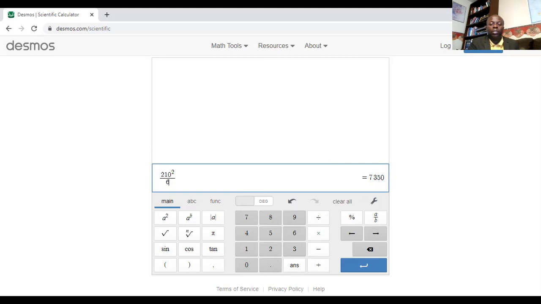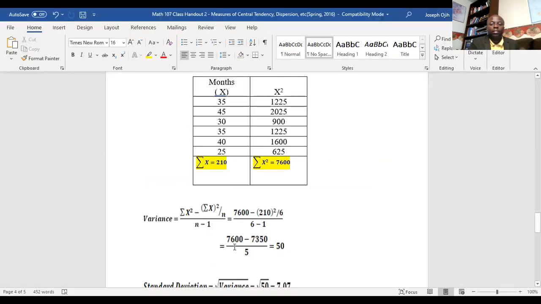So we can now put it in the formula here: 7,350 right here. Then 6 minus 1 is 5. Now this one you can get from the calculator: 7,600 minus 7,350, divided by 5.